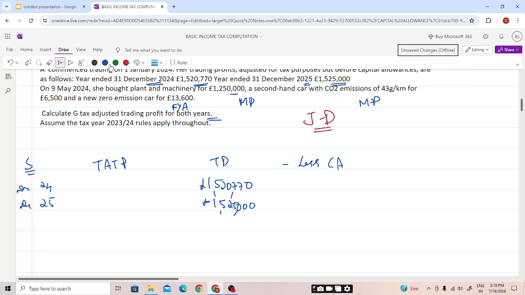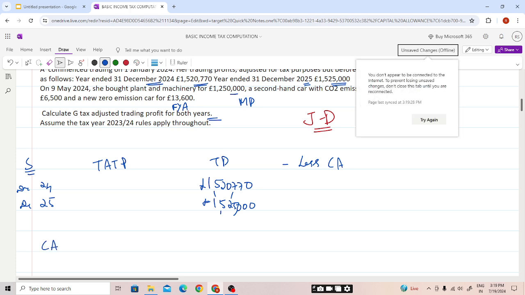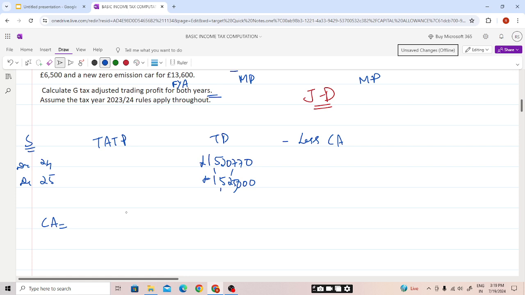Now we will be seeing the capital allowances. Students, FYA, AIA, the main pool, special pool, private use pool, short life asset pool and allowance column.